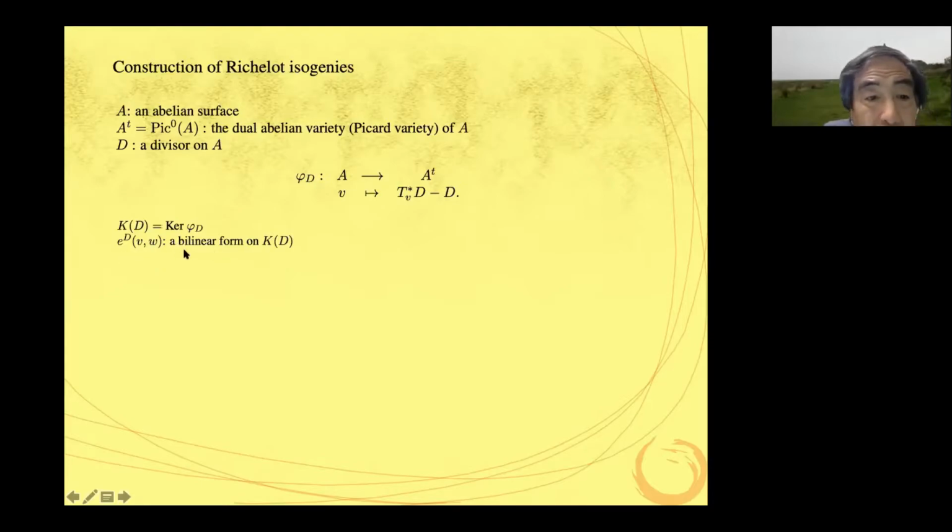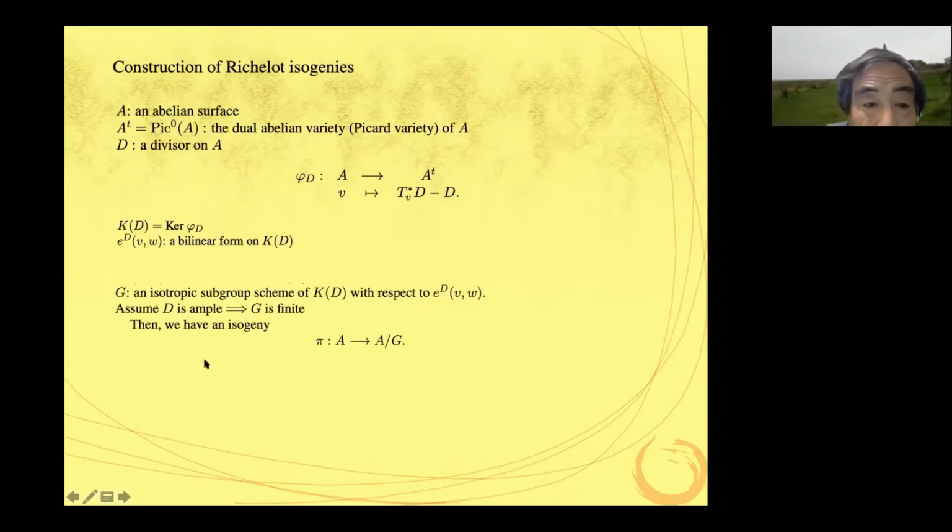We have a non-degenerate bilinear form on this kernel. And let G be an isotropic subgroup scheme of KD with respect to this bilinear form. If D is ample, then KD is finite, as is well known. So G is finite. So we have an isogeny like this.